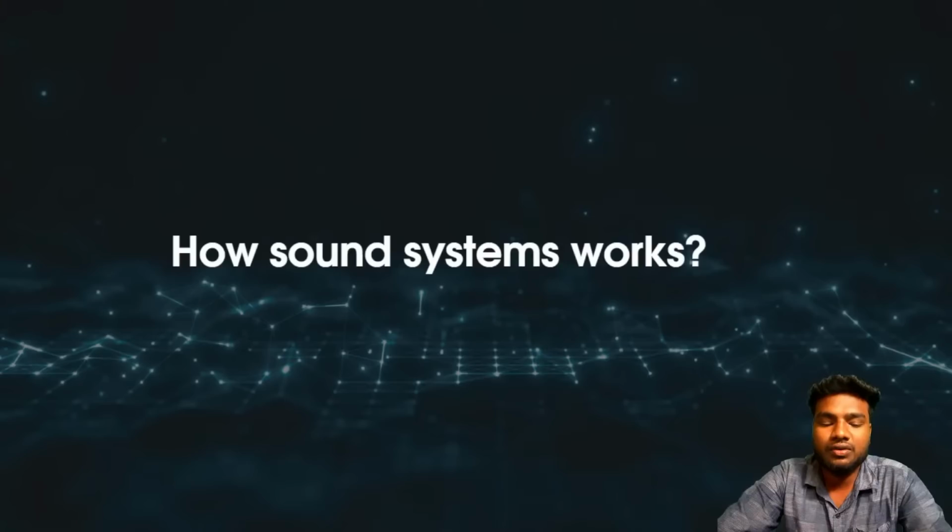We know about DTS sound like 5.1, 7.1 Dolby Atmos, or 5.1 DTS sound in home theaters and theaters. How are the sounds separated, like front speaker, back speaker, front left and right, back left and right, center, bass, master sound? This comes under DSP.